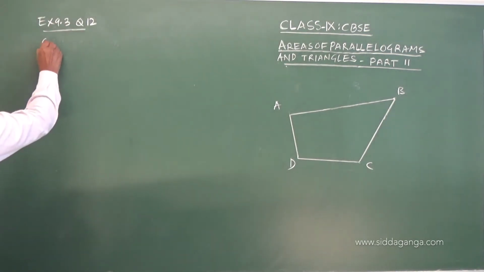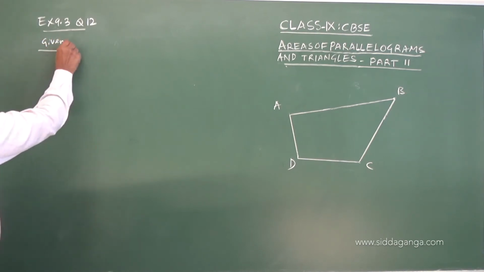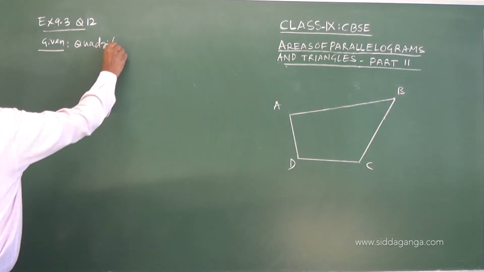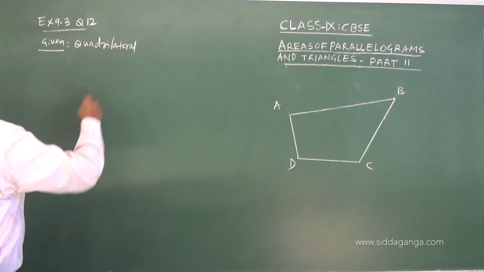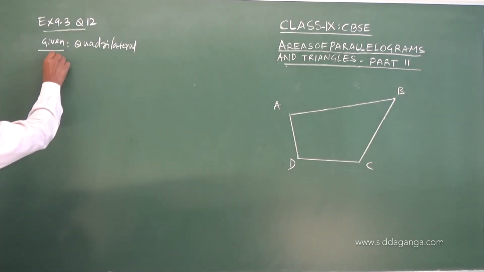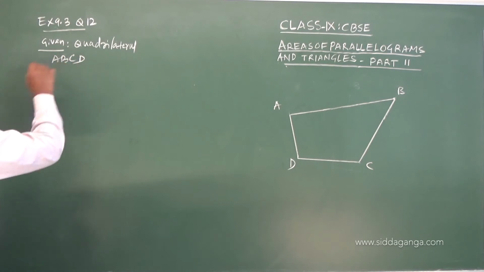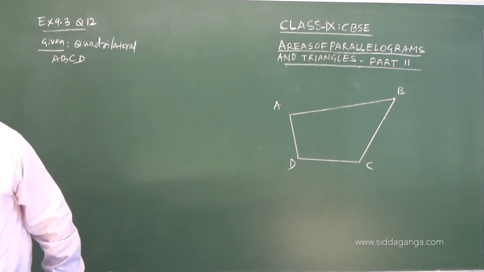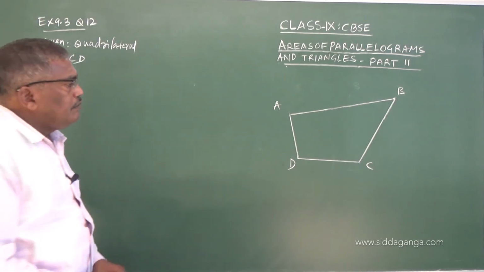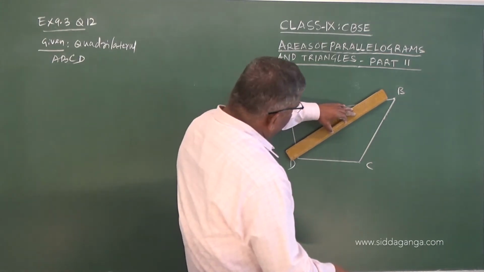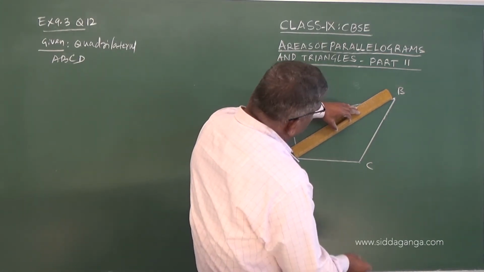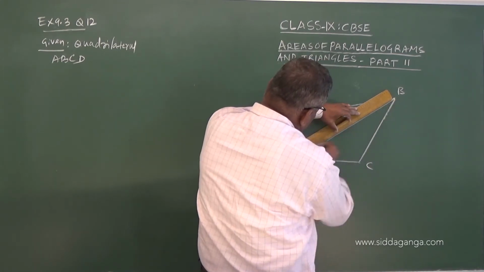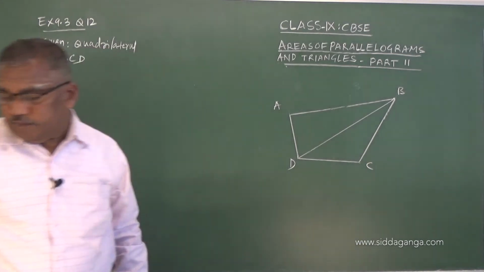Here, given quadrilateral ABCD. Now, let us join this BD. Join this BD.